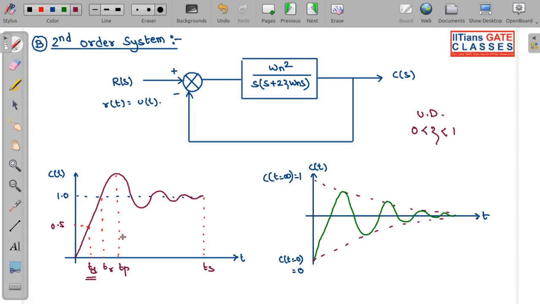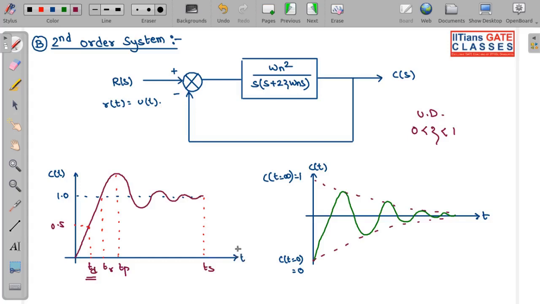So rise time is the time where the response crosses 100% for the first time. Peak time is the time of the response where we have the maximum error from the steady state value. And settling time has the same definition, the time taken by the response to reach either the 2% or 5% error band. So all those times I have defined.